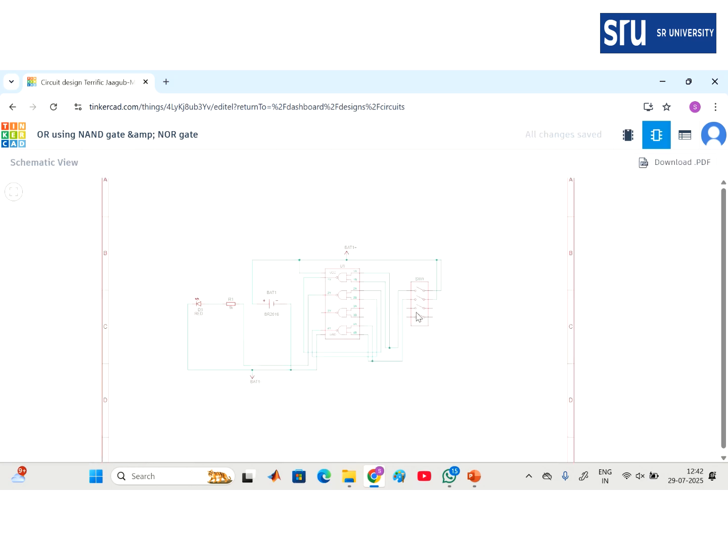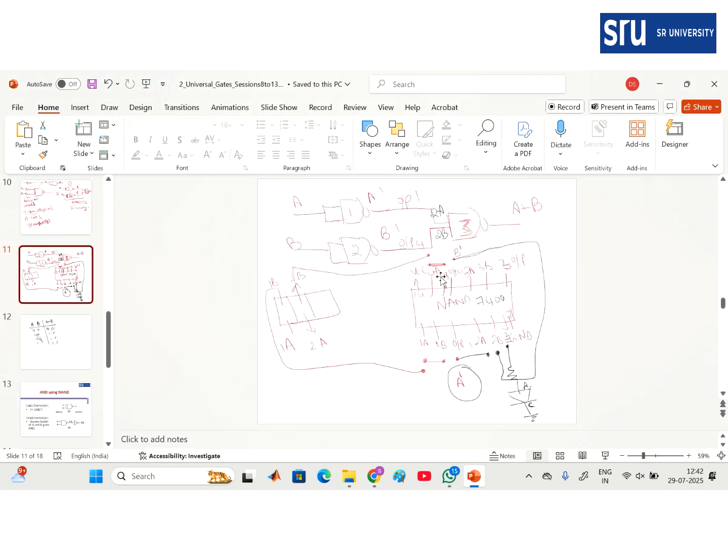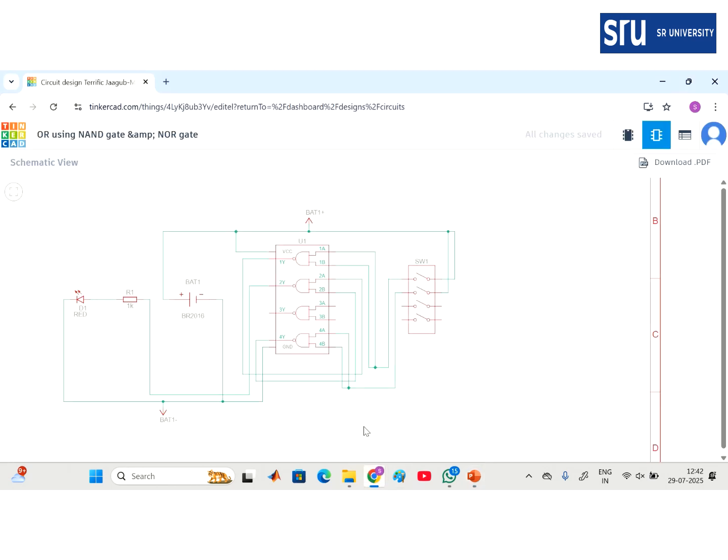Now going towards the schematic view. So this is a schematic view. See, first, how many NAND gates have we used? First NAND gate, second NAND gate, and fourth NAND gate. According to whatever I have shown in the PPT, the same will be visible in the schematic view. So this is a schematic view of the circuit.